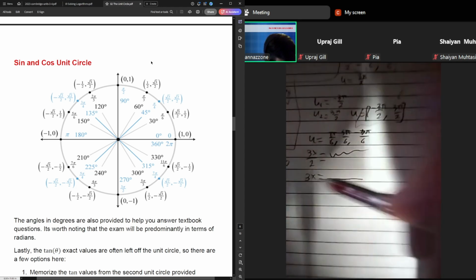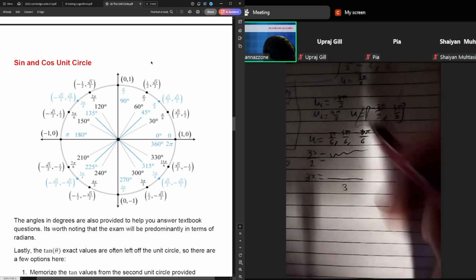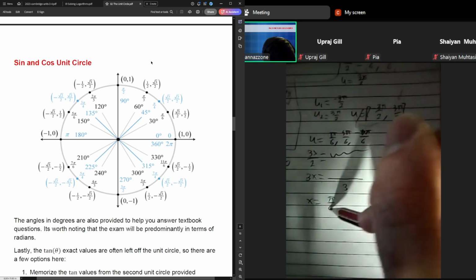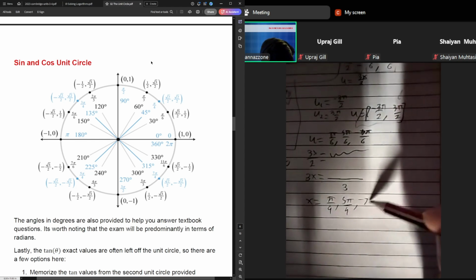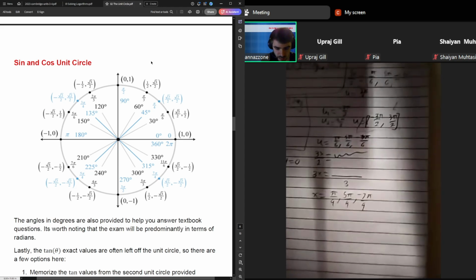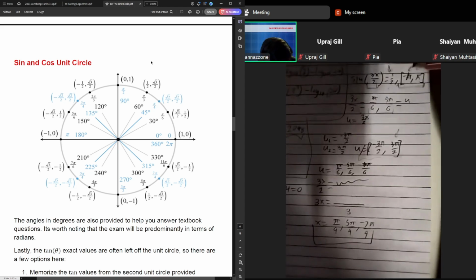And then dividing everything by 3 will now mean that everything is divided by 9 at the end. So finally, answers are going to be x equals pi on 9, 5 pi on 9, and minus 7 pi on 9.